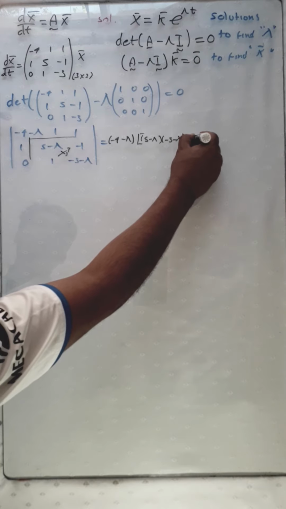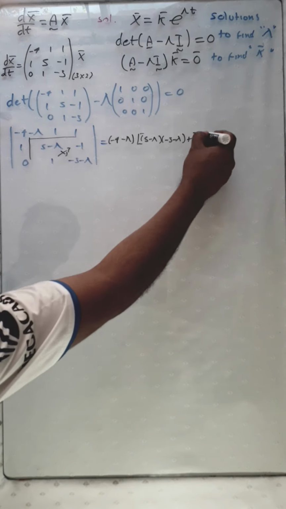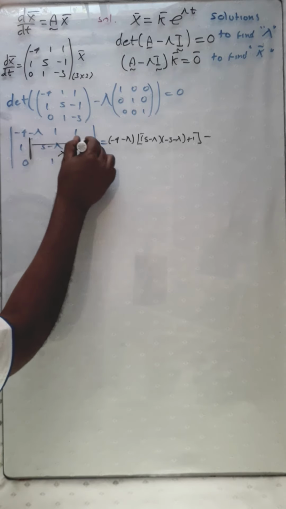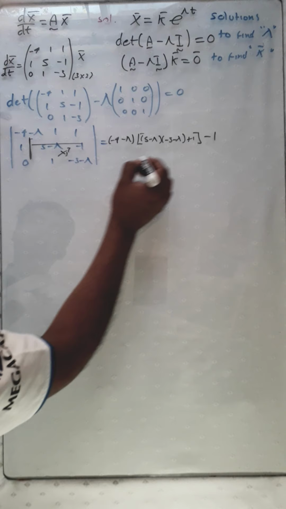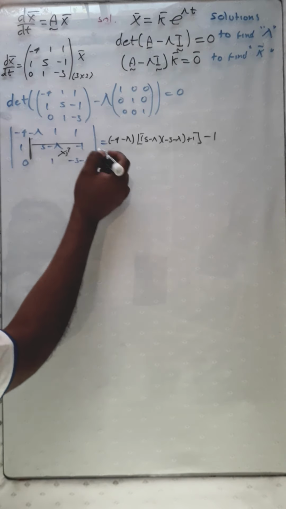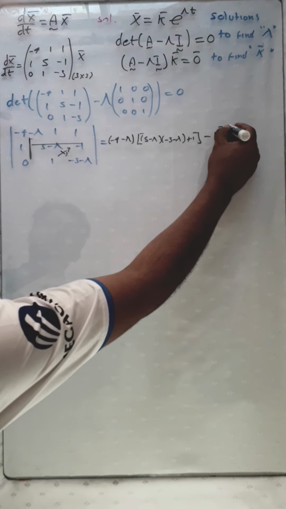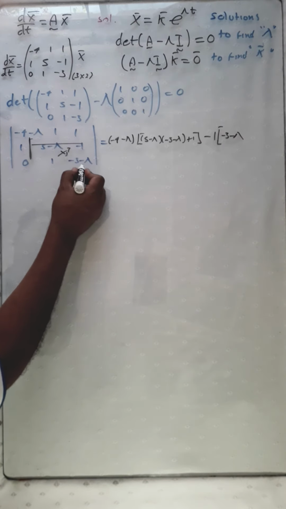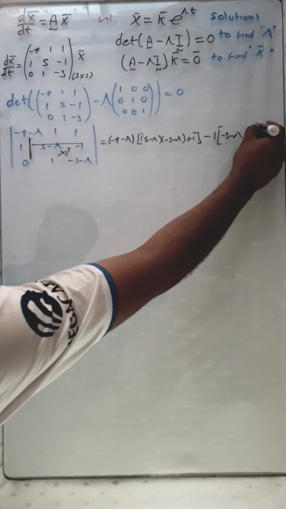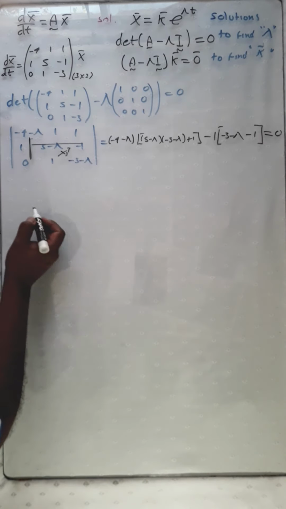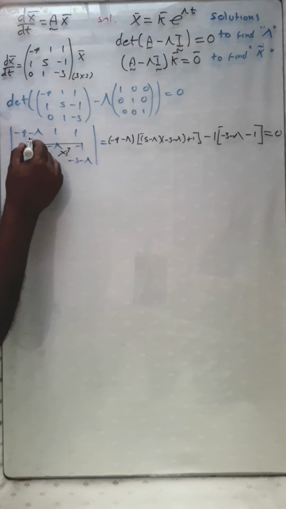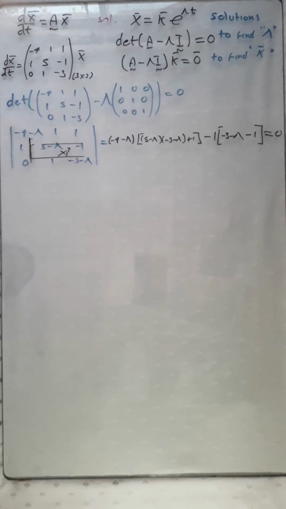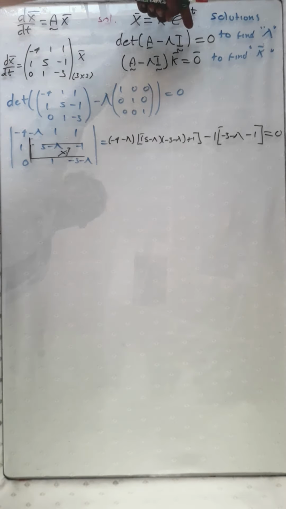Then plus 1 in this case, because of the sign pattern, I eliminate this column and this row, and I get minus 1 times this times this: minus 3 minus lambda, this 1 times minus 3 minus lambda, and then minus 1, minus 1. And that should be equal to 0. Now, the next will be the third, this and this, but because this is 0, it doesn't count.